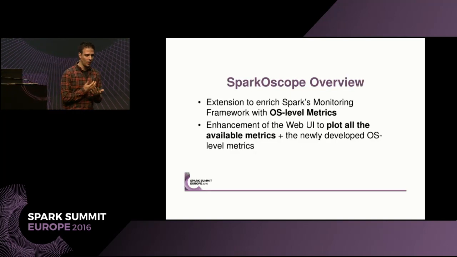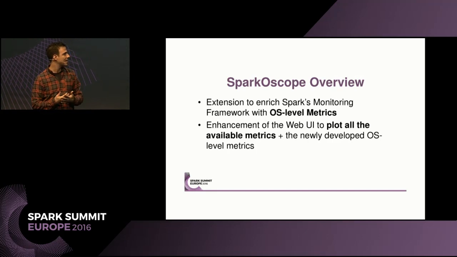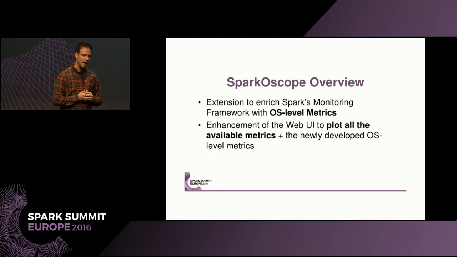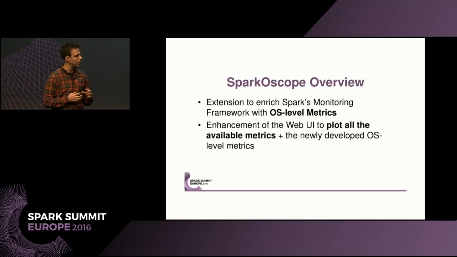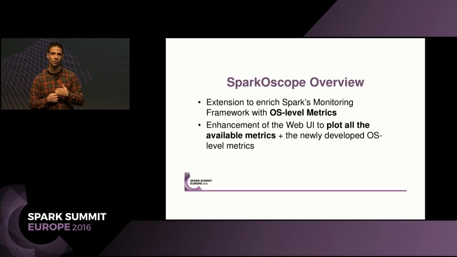Okay, so what is it exactly? What we have built is an extension to enrich the existing Spark monitoring framework with operating system level metrics. For that, one module that we developed was the Sigar source, which utilizes the Hyperic Sigar library to get the operating system level metrics.